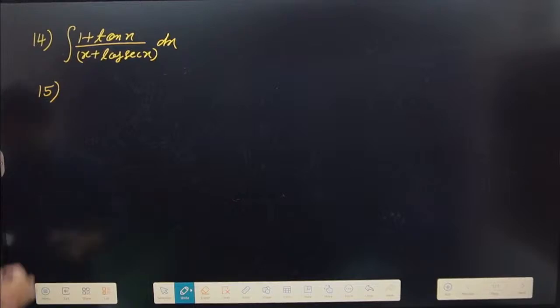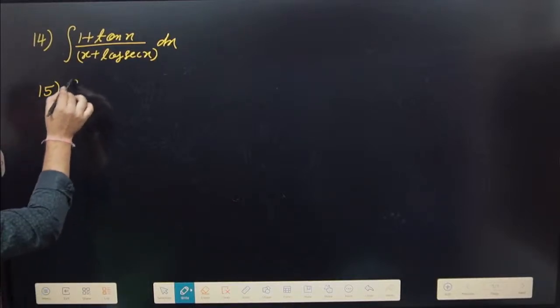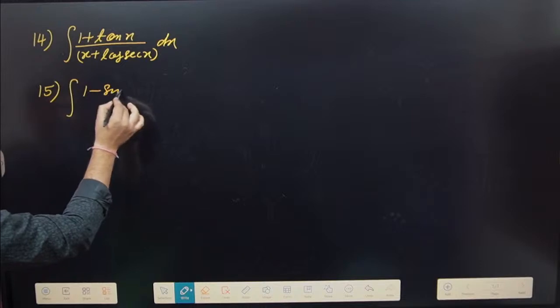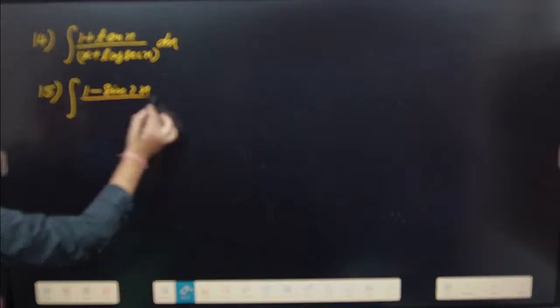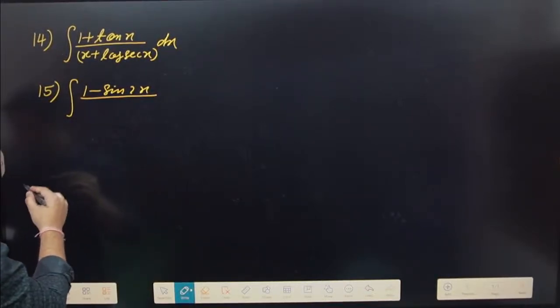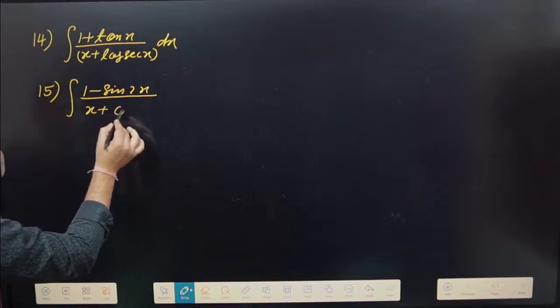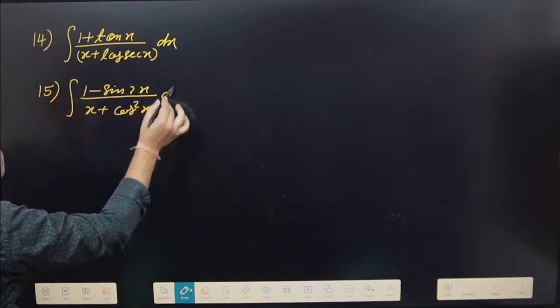And now question number 15, that is integration of (1 minus sin 2x) divided by (x plus cos square x) dx.